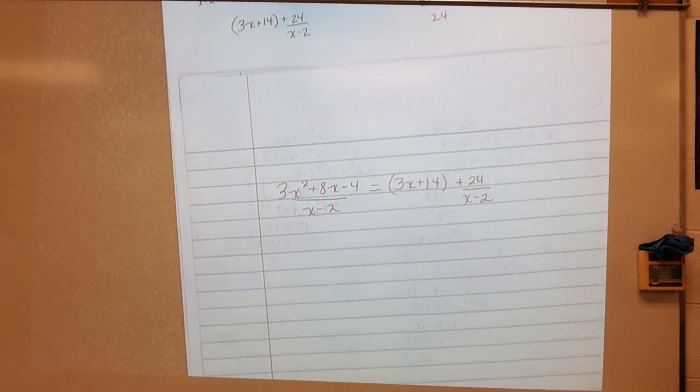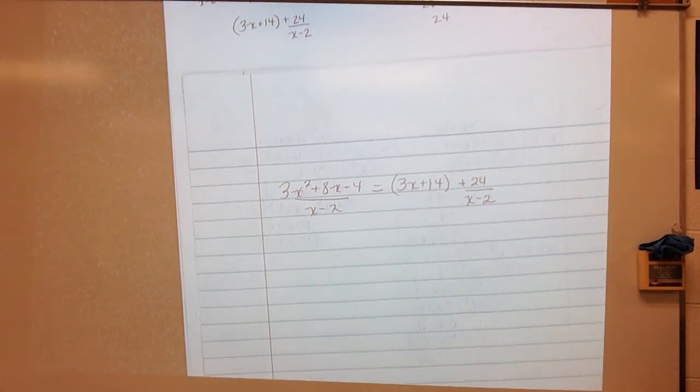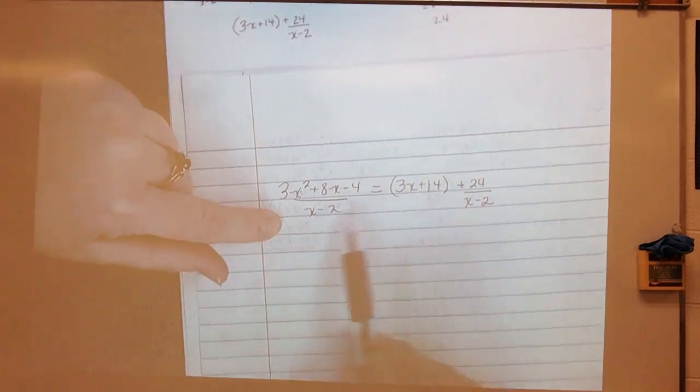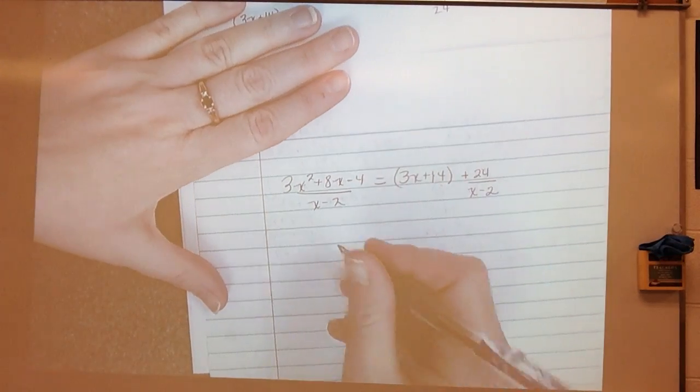So if I were to multiply both sides, let's just say that I wanted to figure this out. If I multiply both sides by x minus 2, I want you to look at what I get.